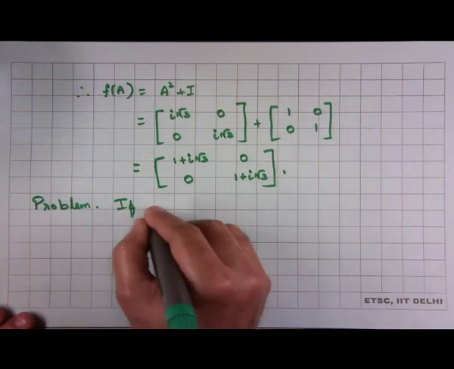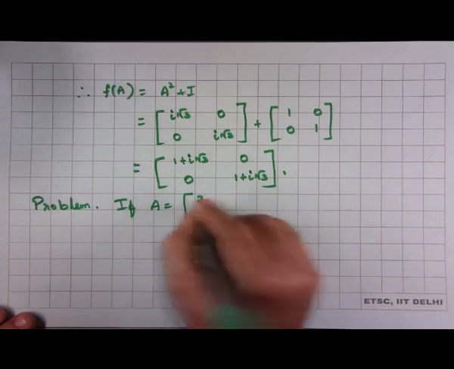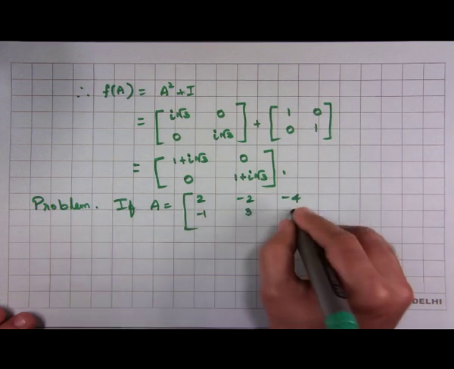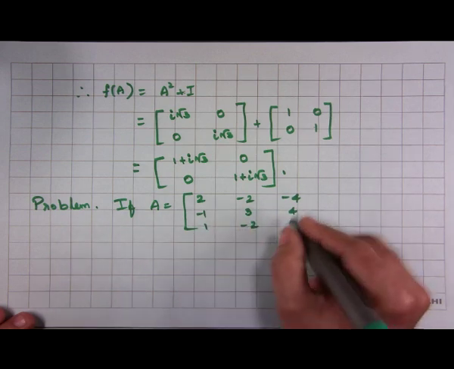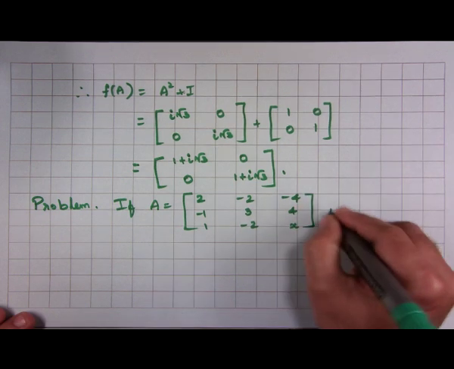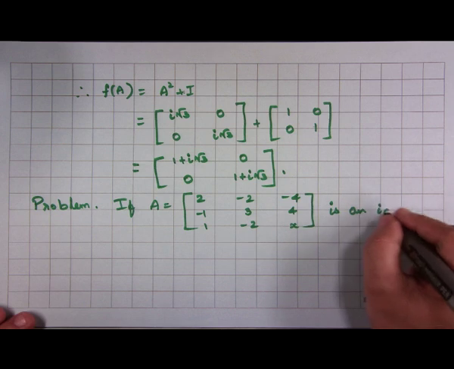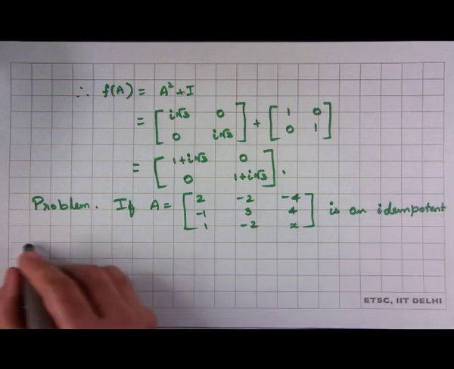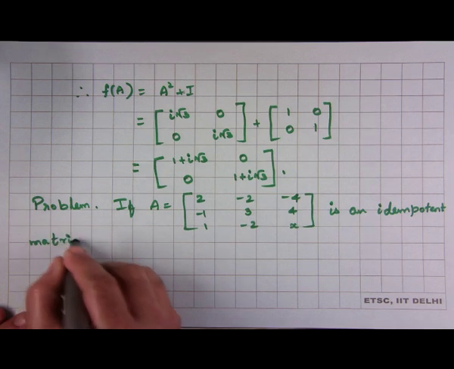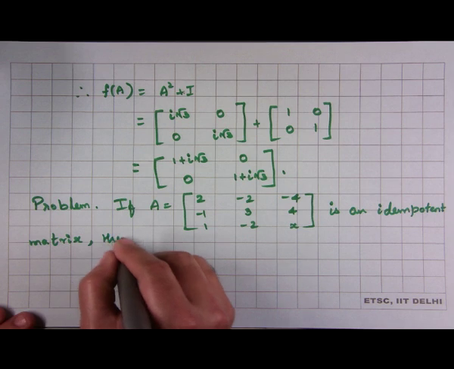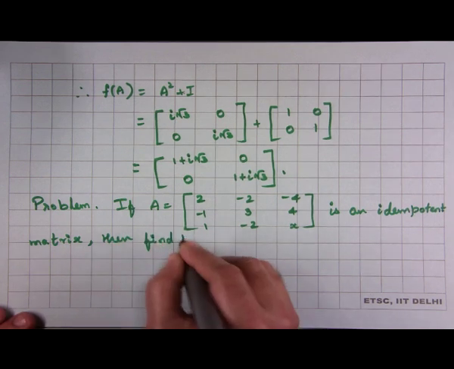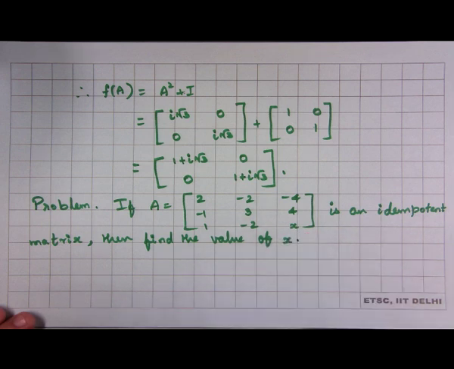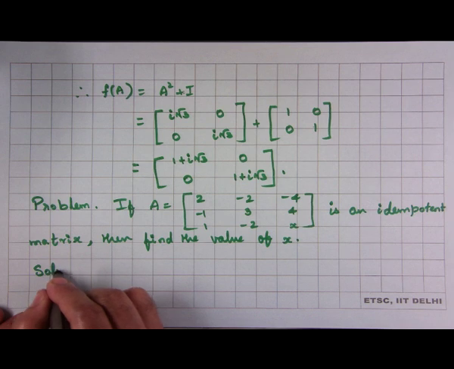If a equal to the matrix with rows 2, minus 2, minus 4; minus 1, 3, 4; 1, minus 2, x is an idempotent matrix, then find the value of x.